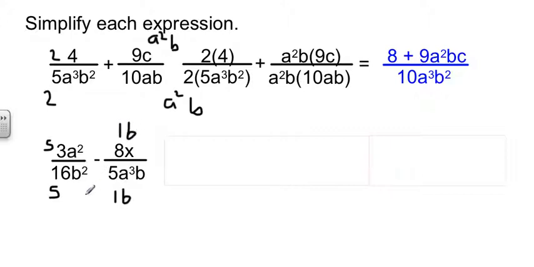This one has 2 B's, this one only has 1, so it needs another B. Again, sorry the B's and the 6's look alike. Writing with a touchpad isn't exactly easy. This one has an a cubed and this one doesn't, so it needs an a cubed.